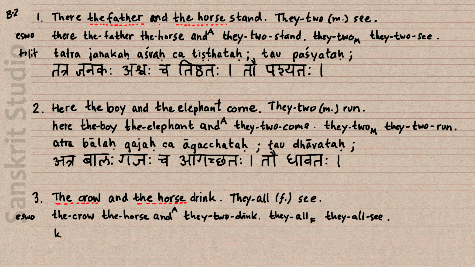So we have our kaka, nominative singular, the horse, ashwa, and we have our cha, and they are drinking, pibati, but pibataha, and then we have the other group there, so they are feminine objects.